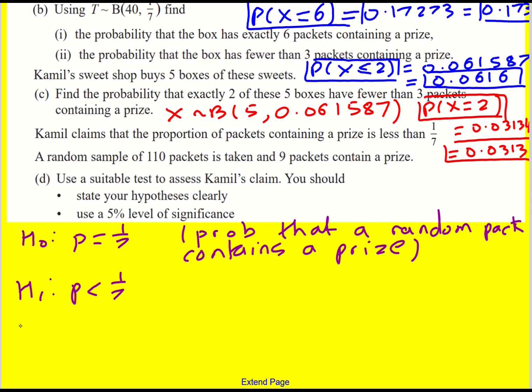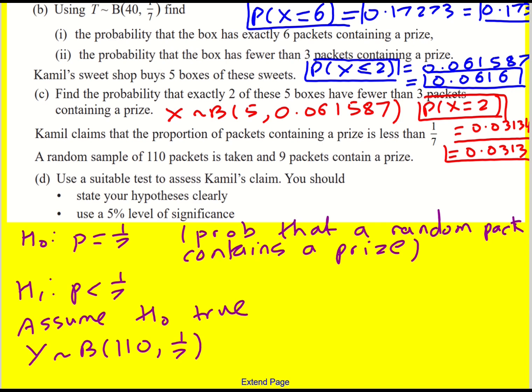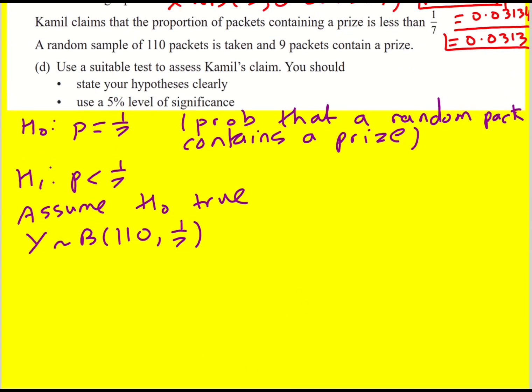So I'm going to assume H naught is true. And then define, I'm not going to use X, I already used X, so Y is going to follow a binomial distribution with 110 trials now, probability of success 1/7. Let me define Y as well.